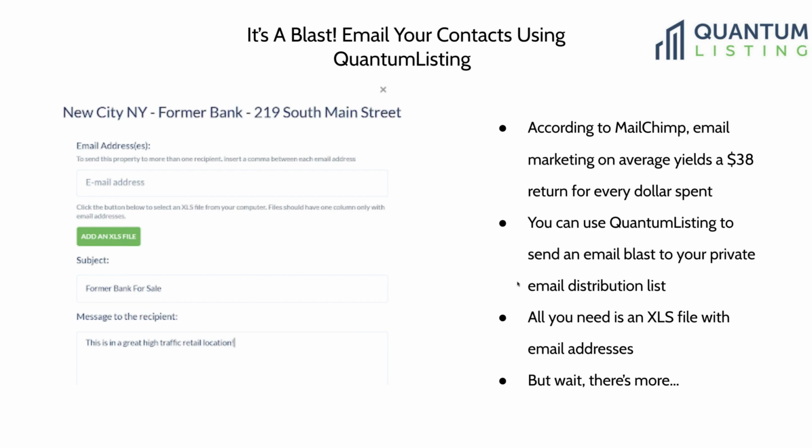So for every dollar you spend, you're getting $38 worth of revenue. When you join QuantumListing as a premium member, meaning you've paid your membership fee and you've added your listings, you are entitled to your first email blast on us.